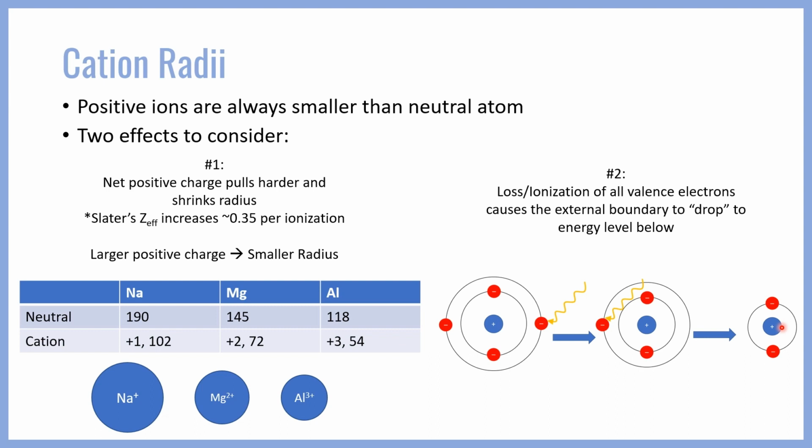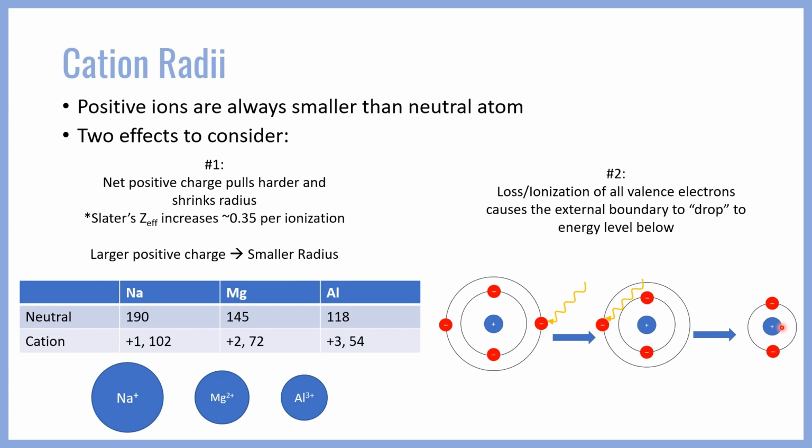If we go ahead and kick off one electron from beryllium, we go to a system, Be plus 1, which is going to have one valence electron now instead of two. But if we then kick off the next valence electron to form beryllium plus 2, we remove the entire outside valence electron, and that boundary of that energy level for that atom just goes away.